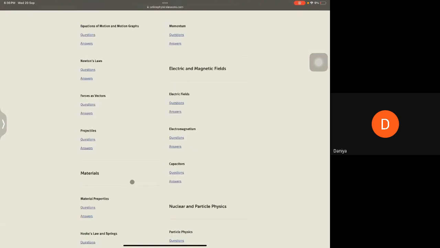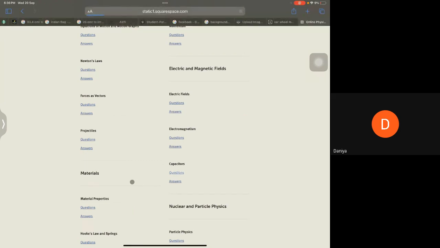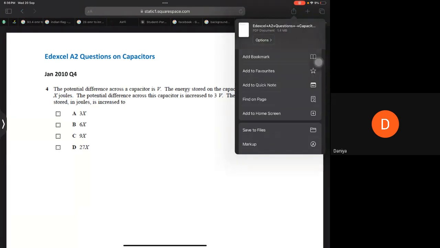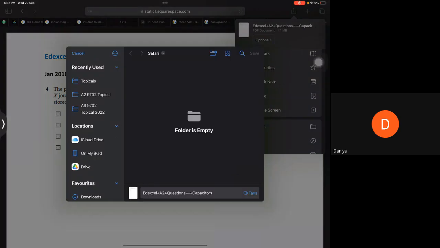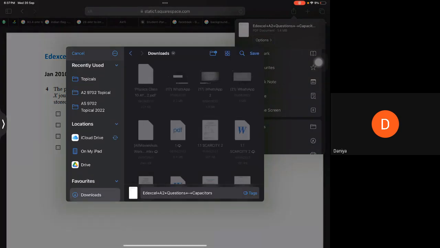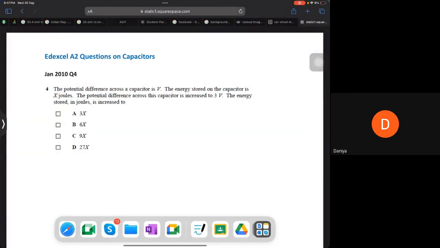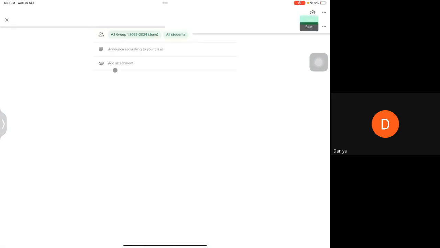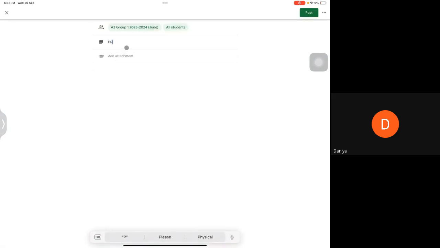I'm sending you this worksheet. Discharging of capacitors practice.